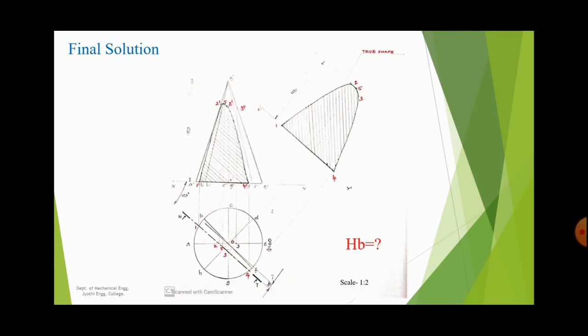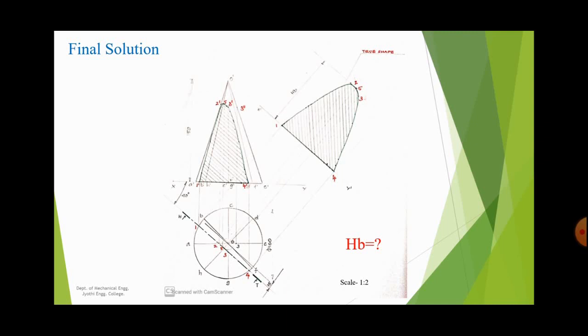Now this is the final solution of the given problem. You can see I am marking the point 5 also. While drawing, you can take the point 5 also, because in order to get an exact shape, you consider maximum points. Generally these types of problems are solved dividing the circle into 12 pieces.